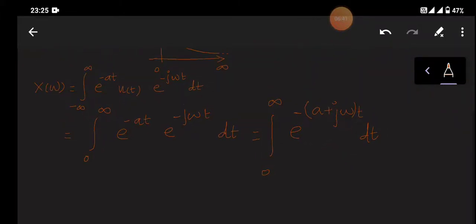Now we have to integrate this signal. So now our work is to integrate this signal.